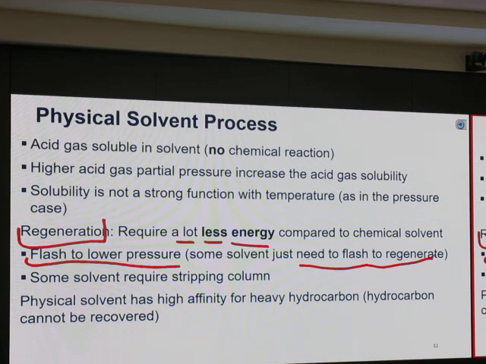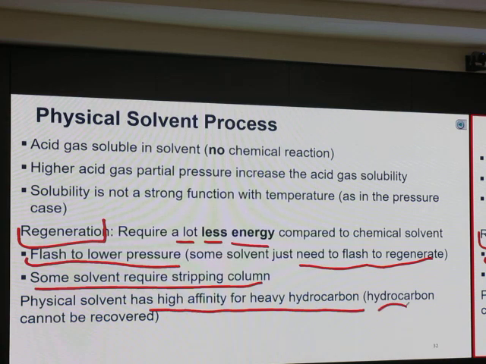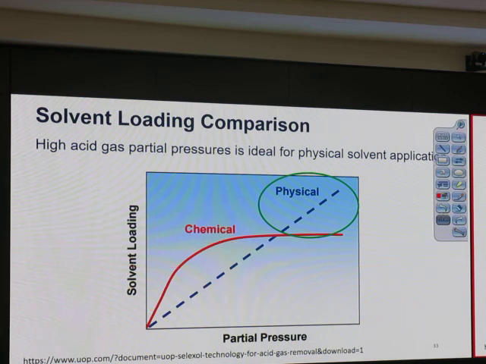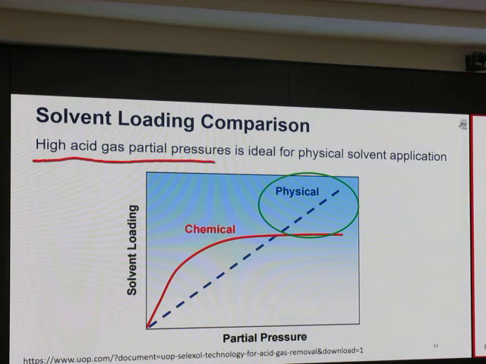Some solvent will require a stripping column. Physical solvent has high affinity for heavy hydrocarbon, so if hydrocarbon cannot be recovered, we have to not have any hydrocarbon. Let's compare it. High acid gas partial pressure is ideal for physical solvent application.